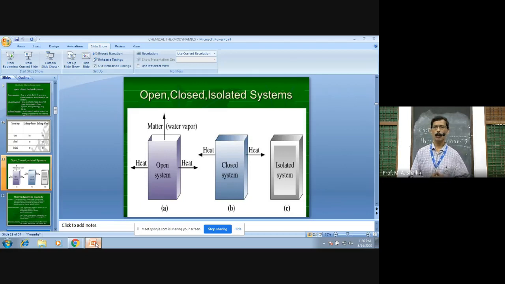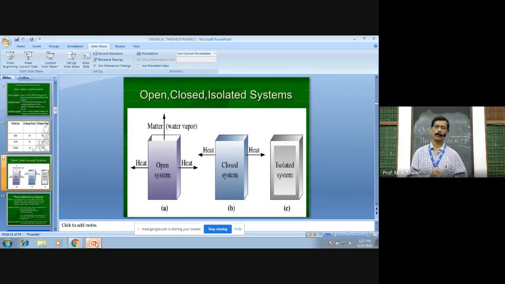Heat energy can go from hot water system to surroundings through the metallic wall. Metallic wall conducts heat. So when hot water is taken in open mouth metallic vessel, we will find there is exchange of both energy and matter in between system and surroundings. Therefore, hot water system in open mouth metallic vessel is an example of open system.